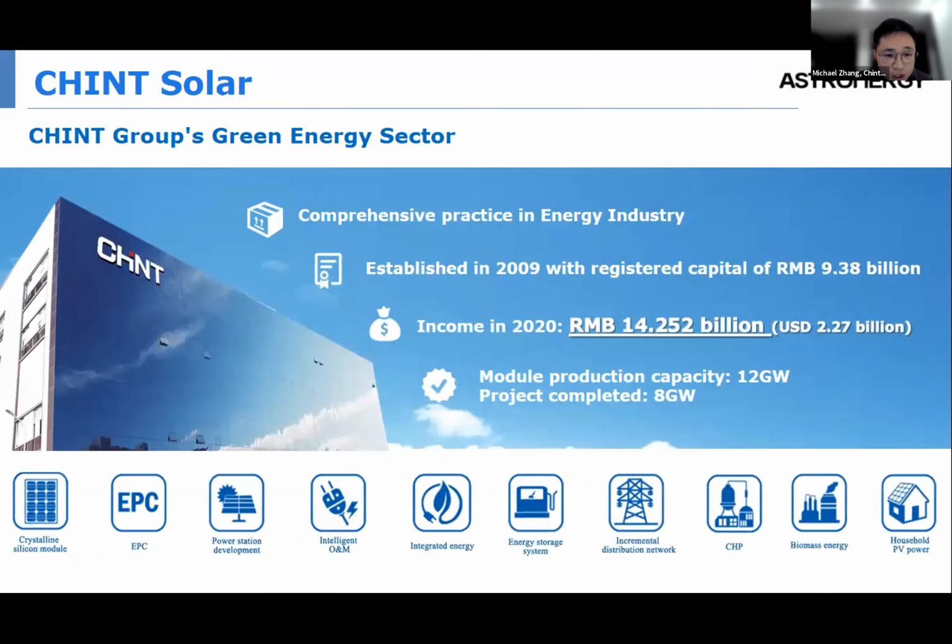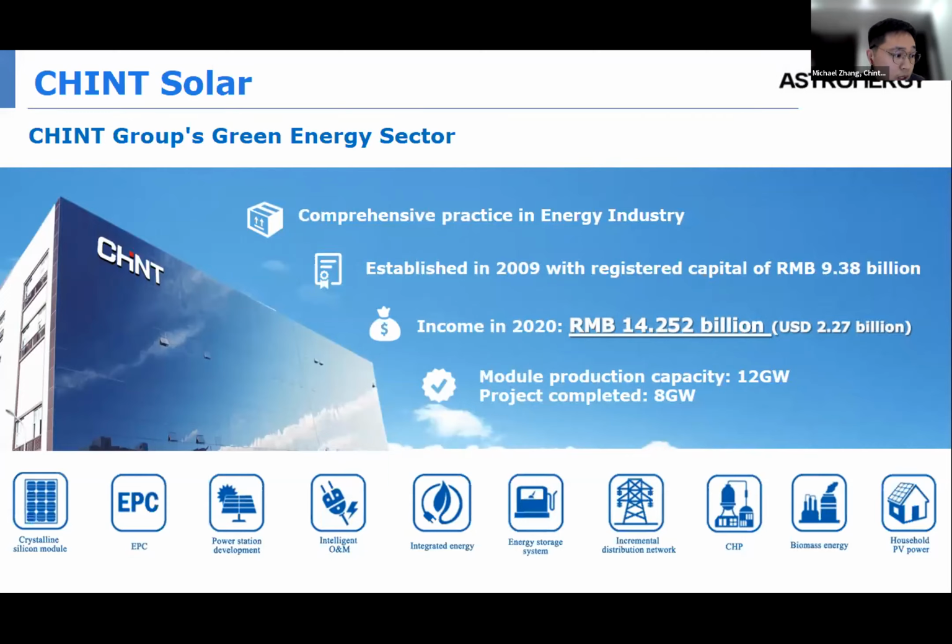The Chint Solar, as a subsidiary of the CHINT Group, we have a comprehensive practice in the energy industry. The company was established in 2009 with a registered capital of 9.38 billion RMB. The income in 2020 is around 2.27 billion US dollars.